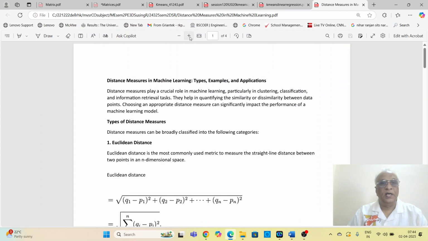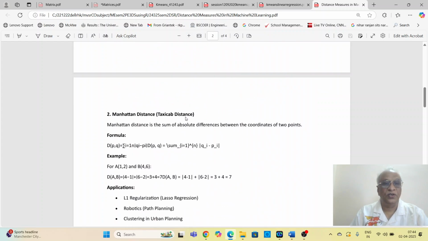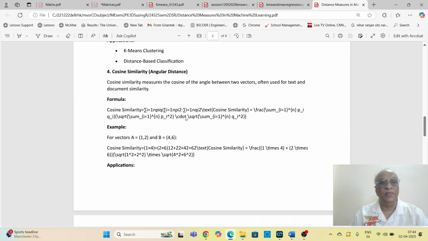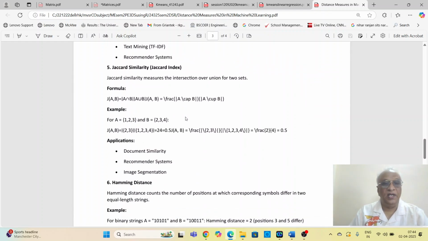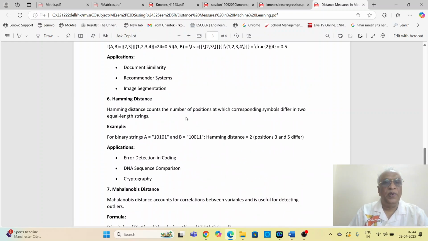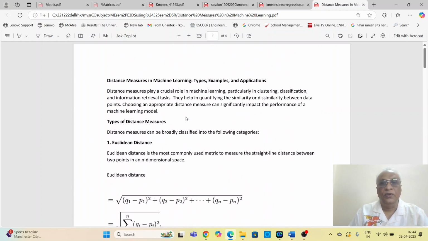So today's target will be understanding distance measures in machine learning. We know that distance measures such as Euclidean distance, Manhattan distance, Minkowski's distance, cosine similarity, Jaccard similarity, Hamming distance, and Mahalanobis distance play a huge role in machine learning algorithm implementation, especially in clustering, classification, and information retrieval.